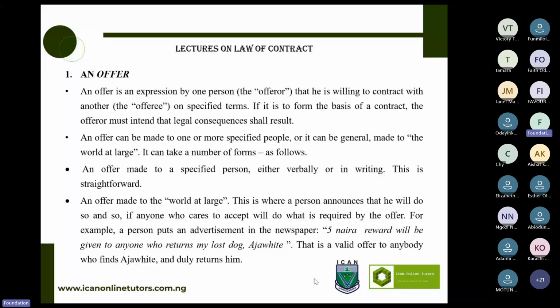Now, there's a difference. If I come to the class now, on this call, and announce, guys, I have so much money, and I want a partner so that we can work together. That person must have this qualification, this experience, this and that.